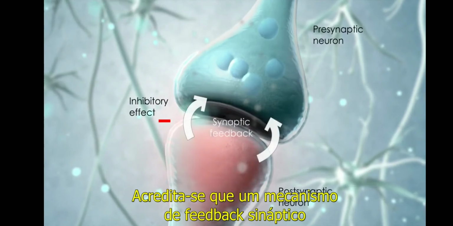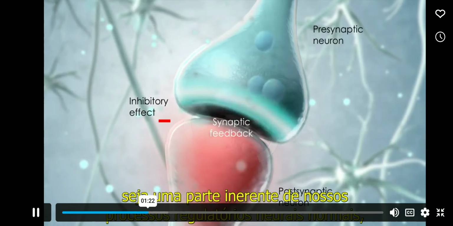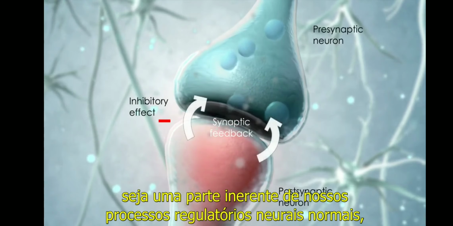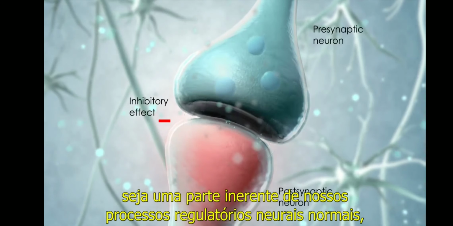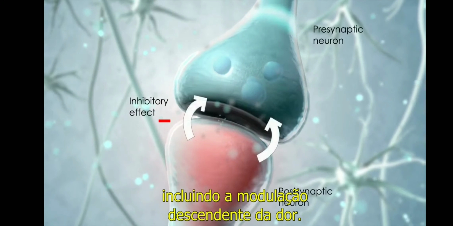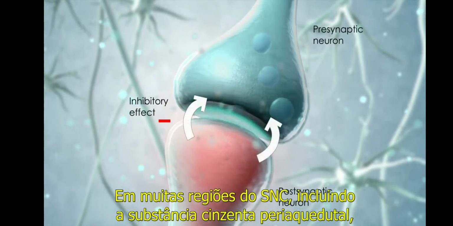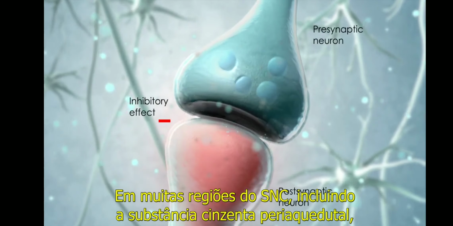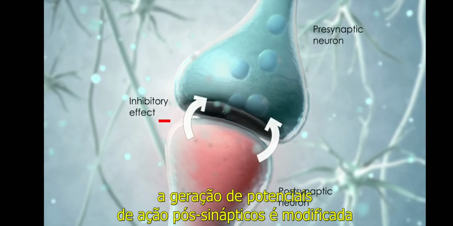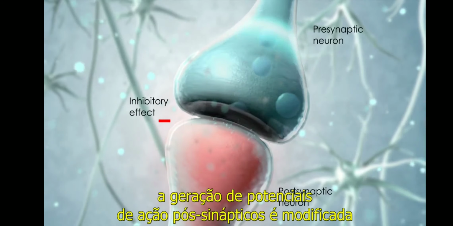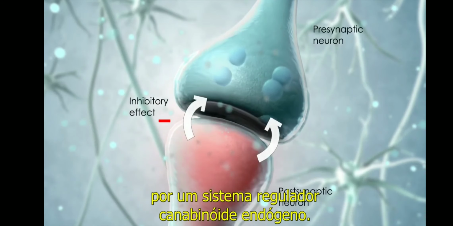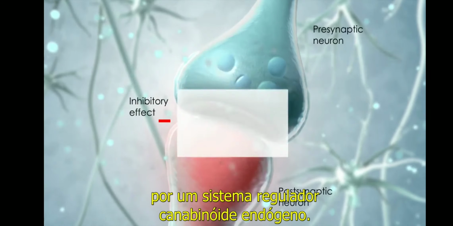A synaptic feedback mechanism is believed to be an inherent part of our normal neuroregulatory processes, including descending pain modulation. In many regions of the CNS, including the periaqueductal gray, the generation of postsynaptic action potentials is modified by an endogenous cannabinoid regulatory system.